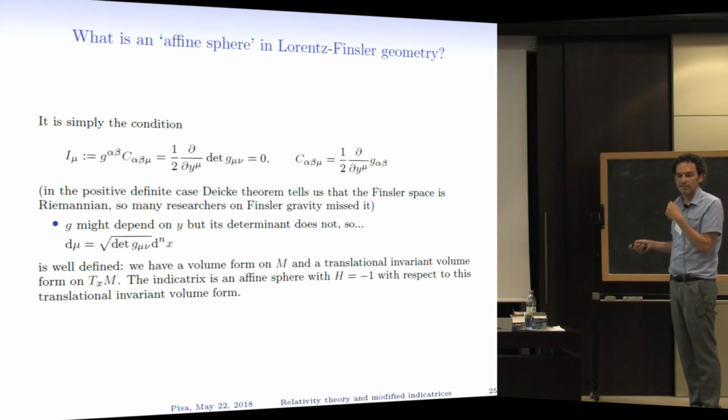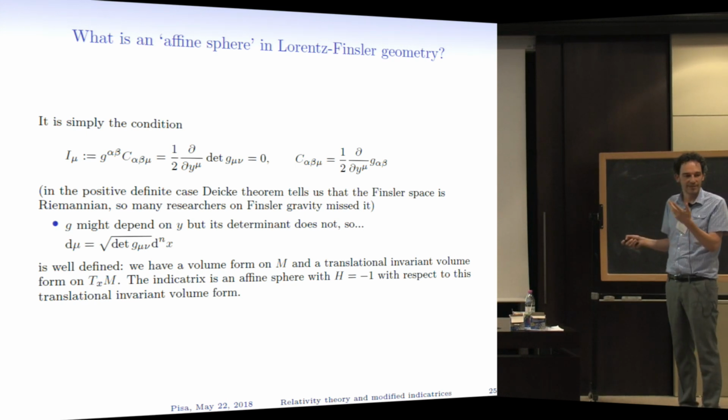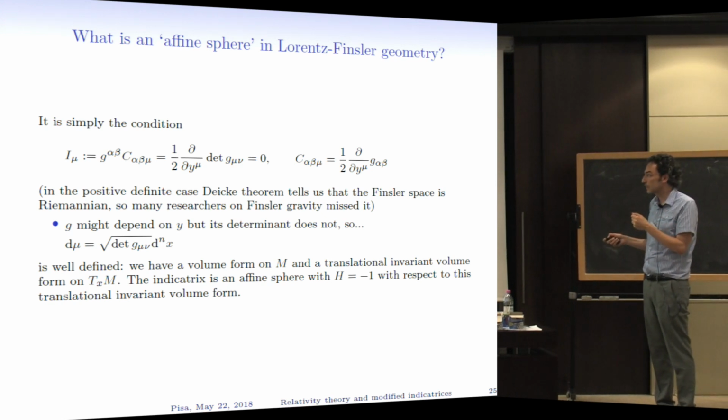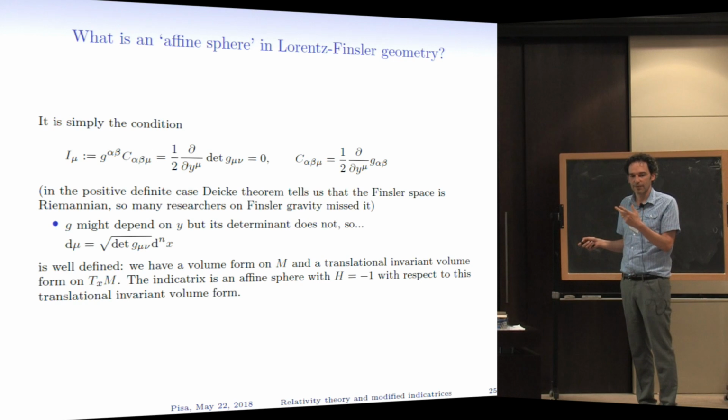Many researchers did not pay much attention to the signature in Finsler gravity and discarded this condition, believing that this was trivial. But in fact, if you impose mean Cartan torsion equal to 0, you don't get a Lorentzian manifold, you get an affine sphere spacetime.